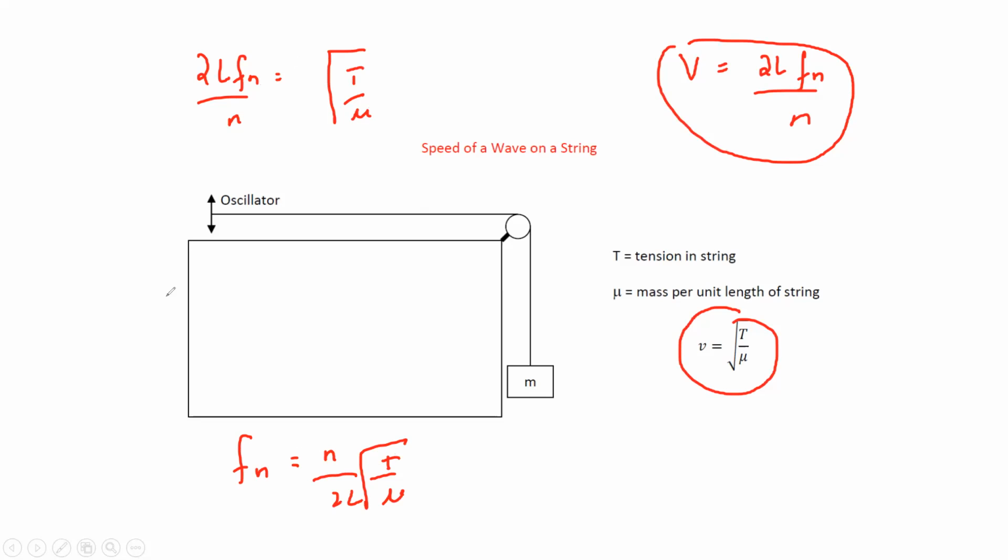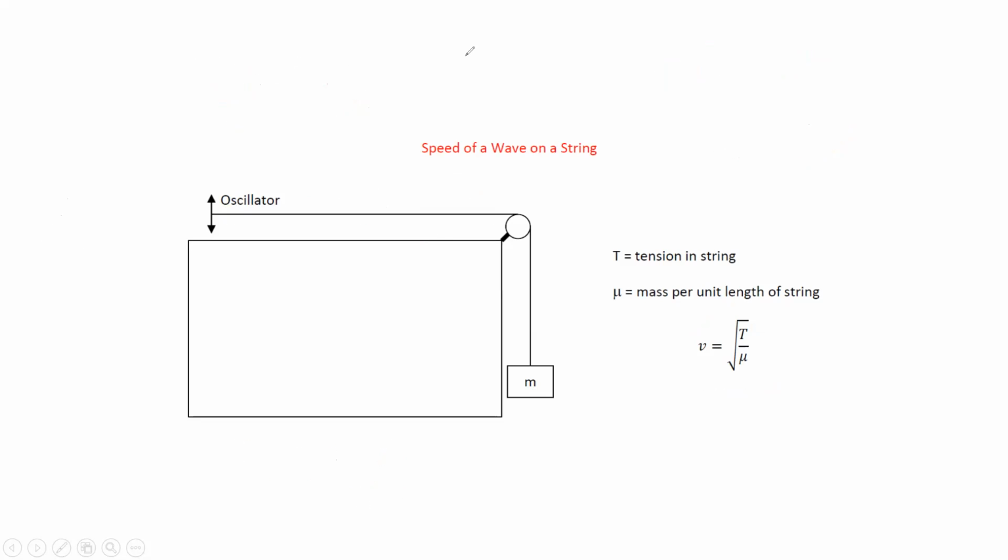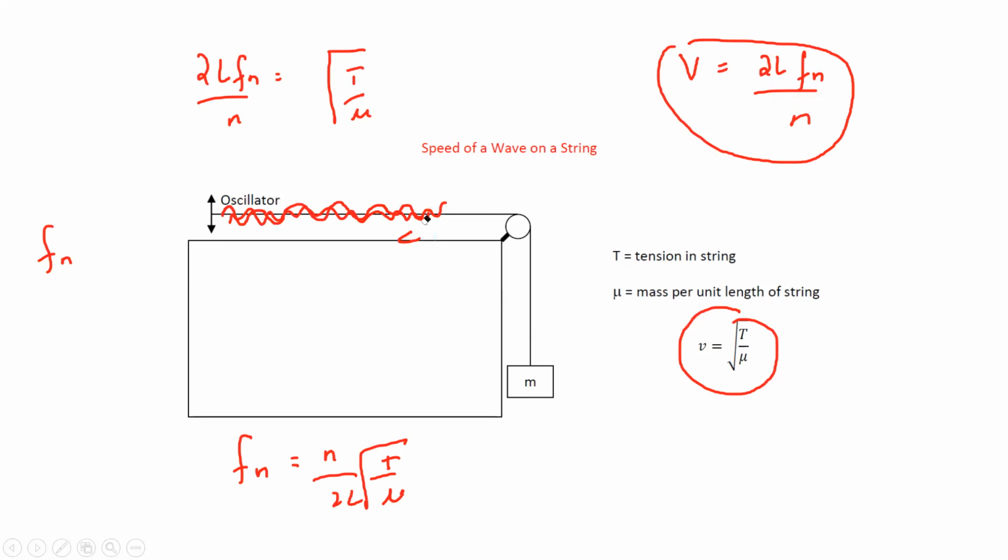So this shows that the frequency of vibration, as it oscillates, produces a wave, and that wave will travel and bounce back. So two waves which are traveling in opposite directions combine with each other. As a result, when they combine with each other, this will give rise to a standing wave.